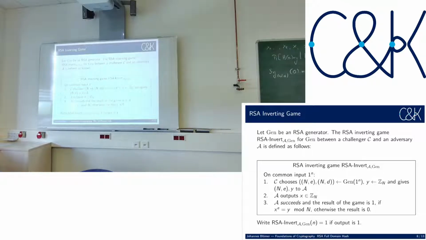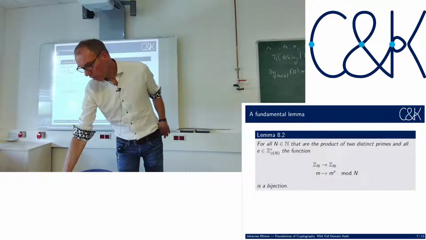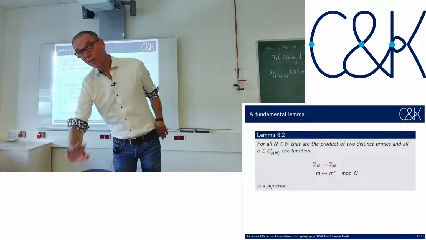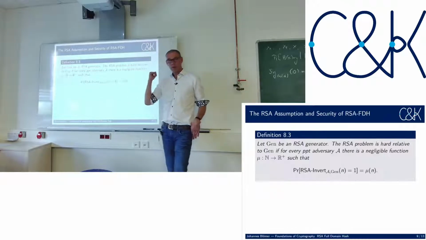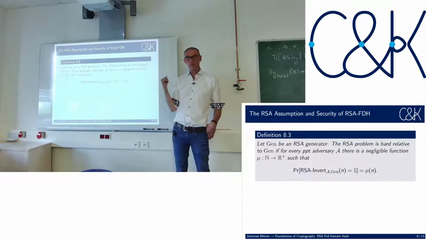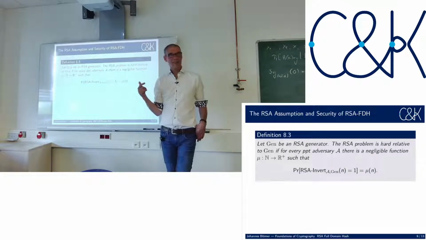To give you an example of a generator that's not a good one, maybe I'll ask: can you give me a generator for which the RSA problem is not hard? Yeah? E to be 1. Yeah.